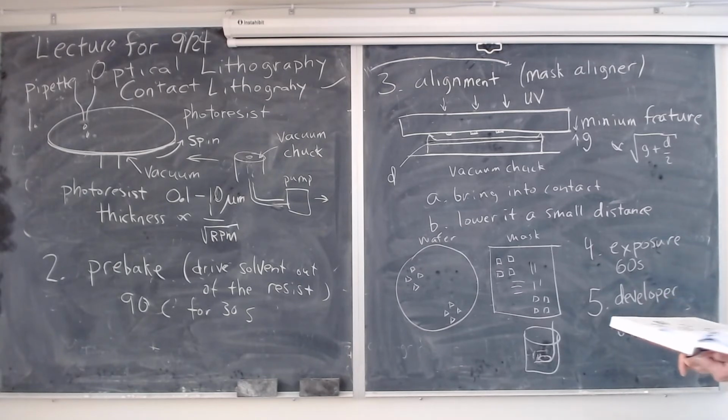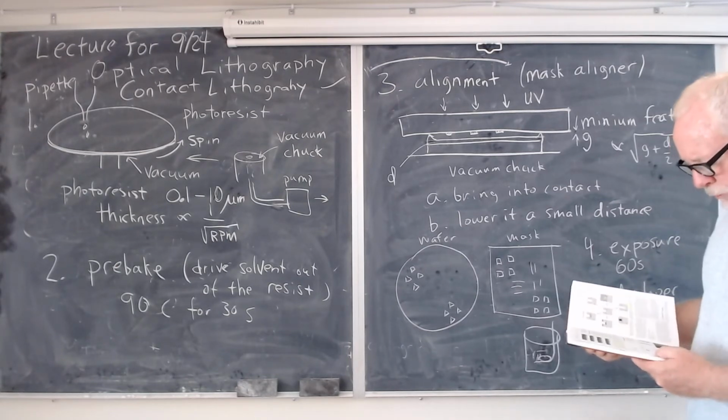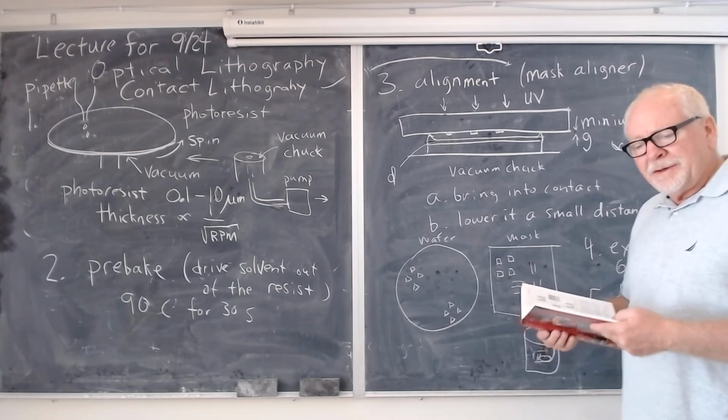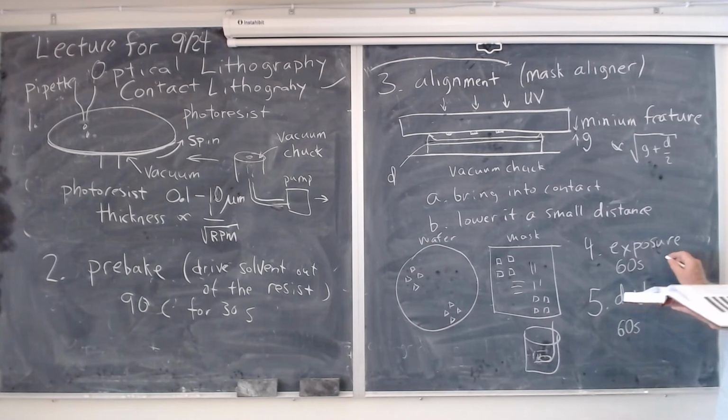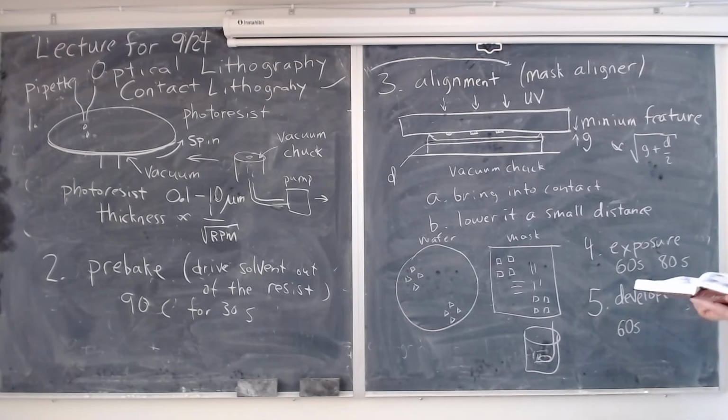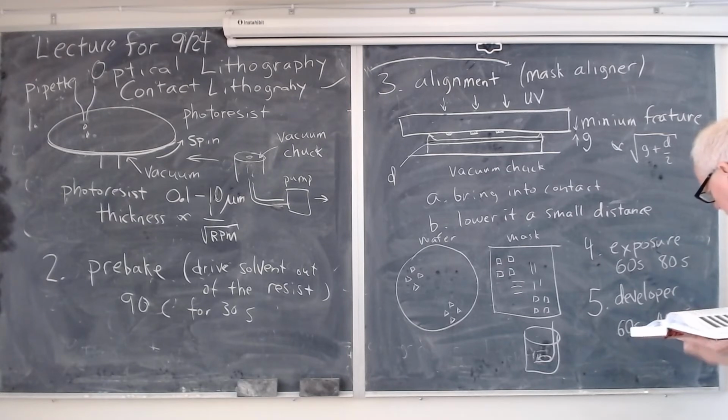Now, process latitude means, what happens if you make a mistake? What happens if you accidentally expose for 80 seconds? Well, what's going to happen is that your development time is roughly going to go down to 40 seconds or something like that. I don't want to give the impression it's linear like that.